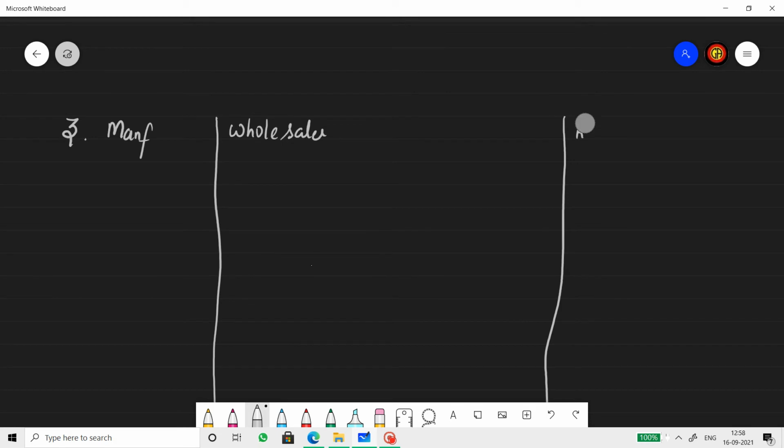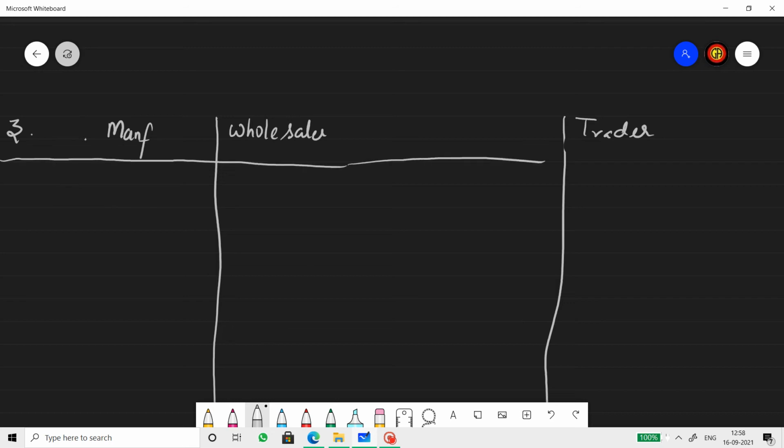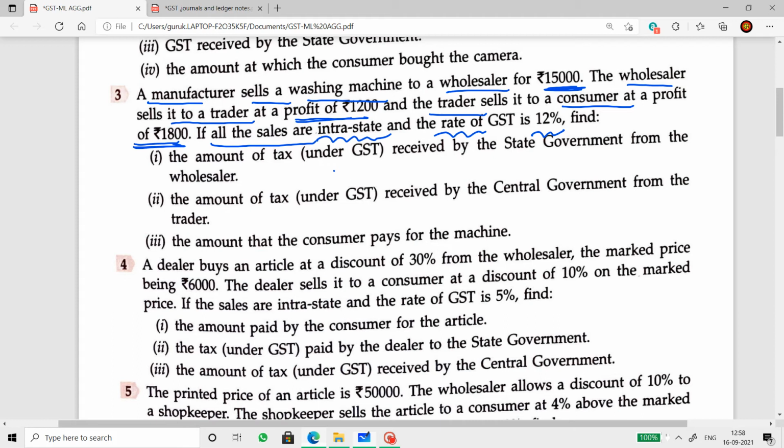I think the name used is a trader. So manufacturer, wholesaler, and then a trader. Right. Once again, let's read the question.